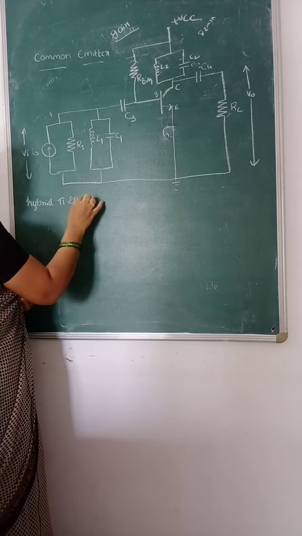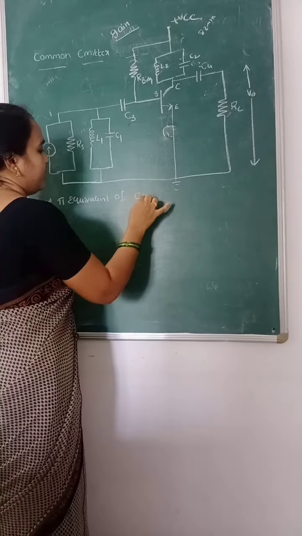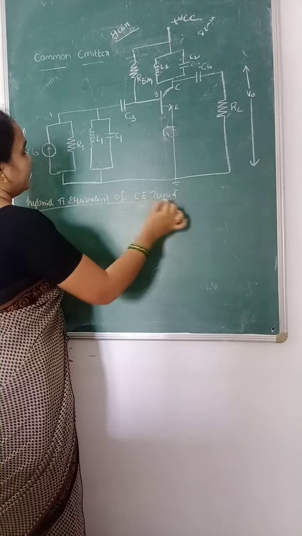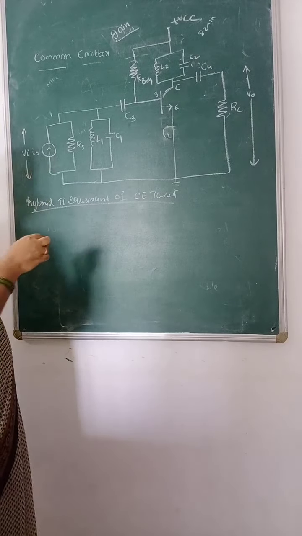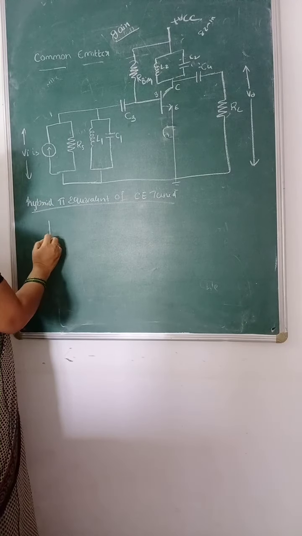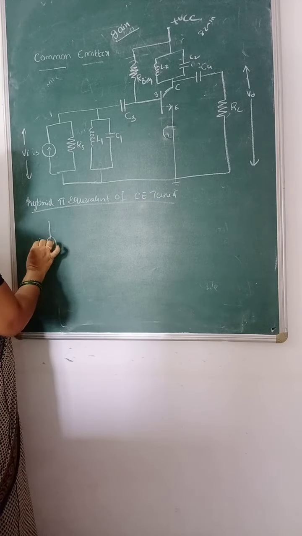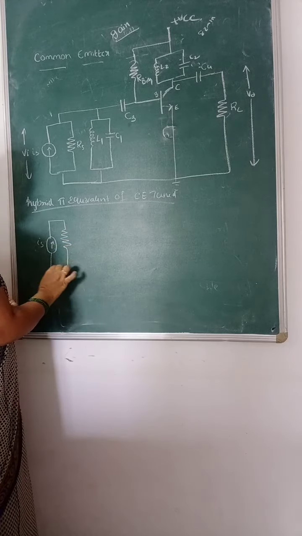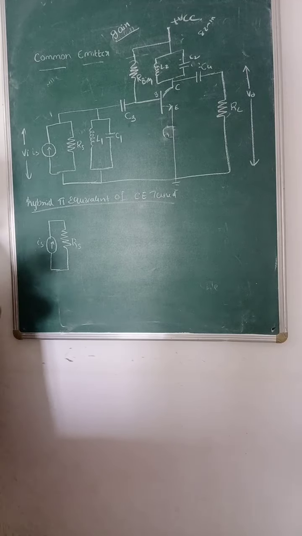of common emitter tuned amplifier. The same circuit with hybrid parameters. So in the input circuit we will have the current source IS in parallel with the resistance RS.